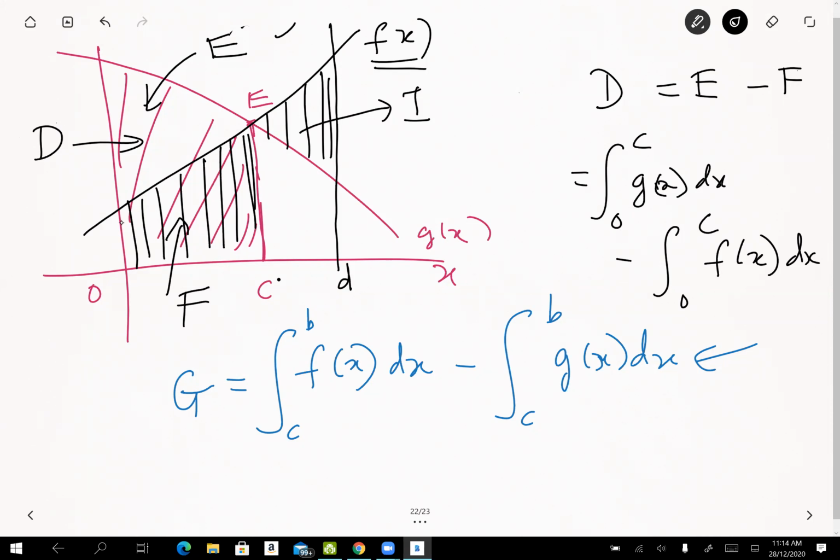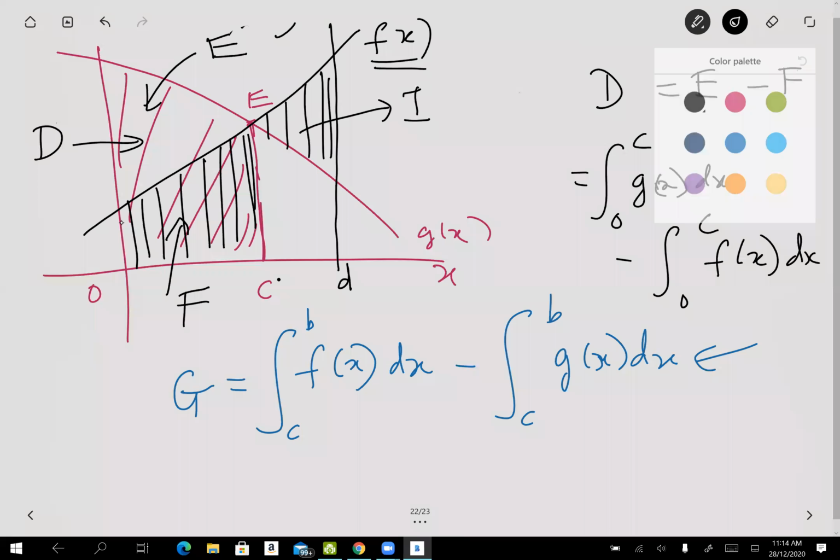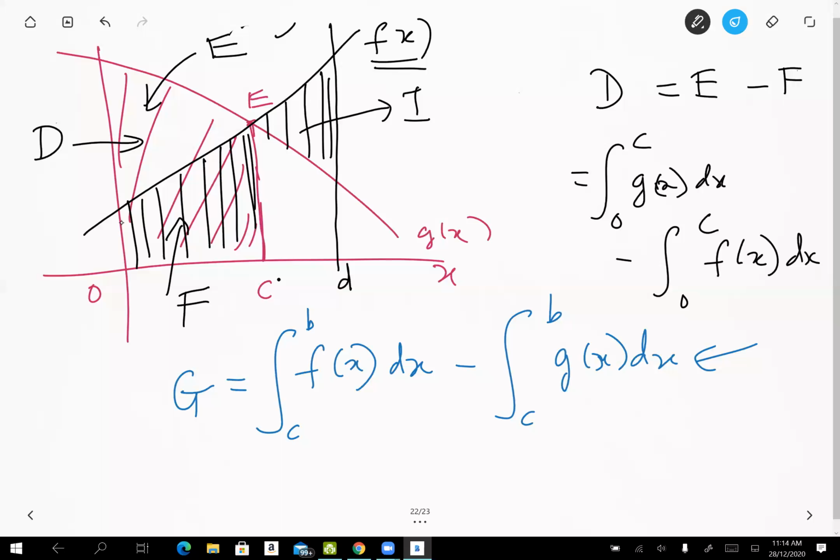Now let me extend what we were doing from the H area. Suppose I want to find only a part of that area. Okay, I want to find the area here.